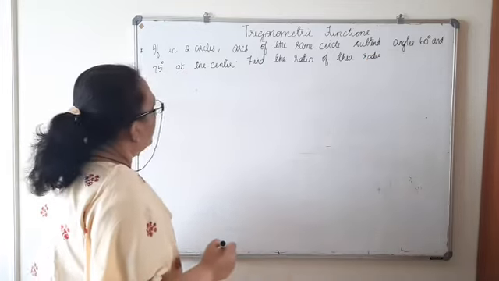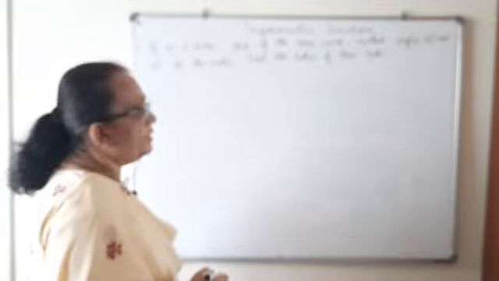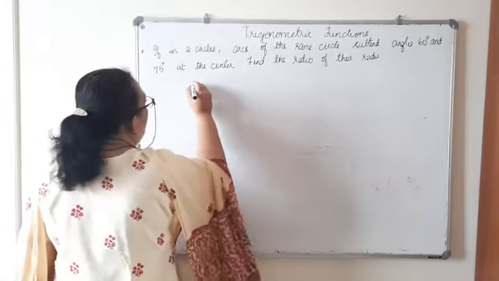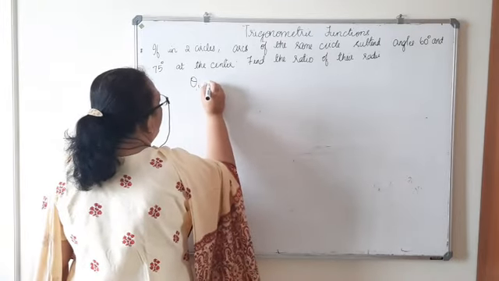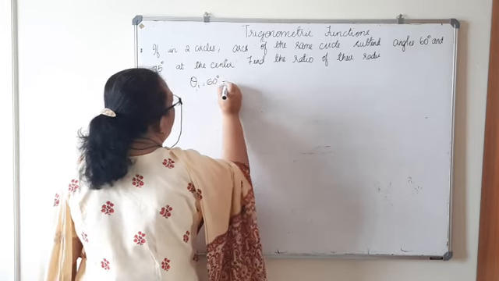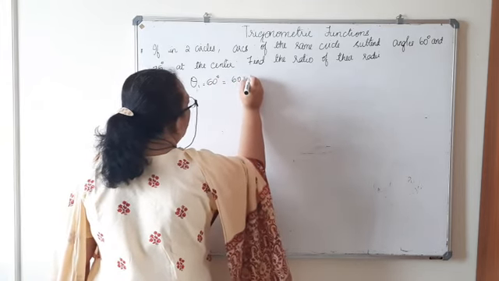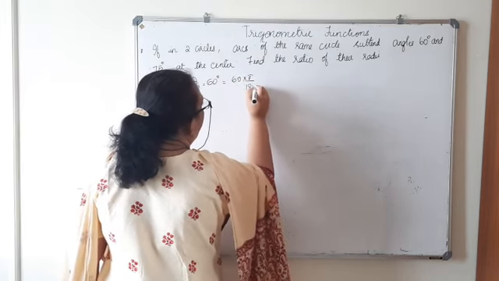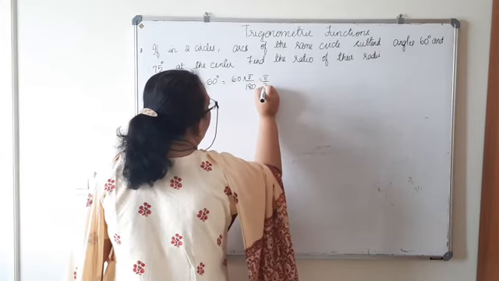If in two circles, arcs of the same length subtend angles 60 degrees and 75 degrees. So one subtended angle is equal to 60 degrees, that is equal to 60 into pi by 180, which is equal to pi by 3.